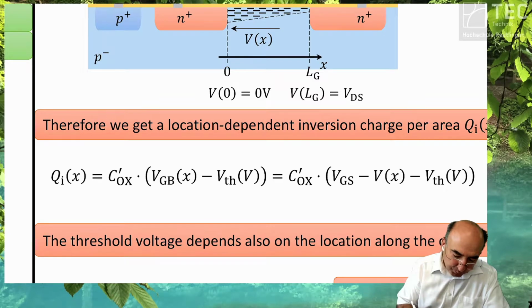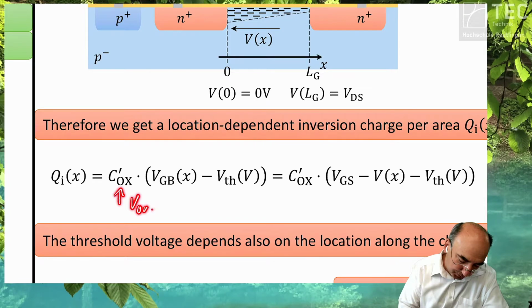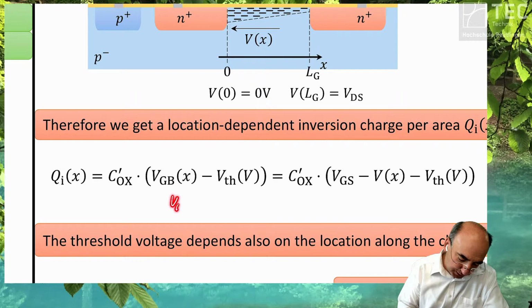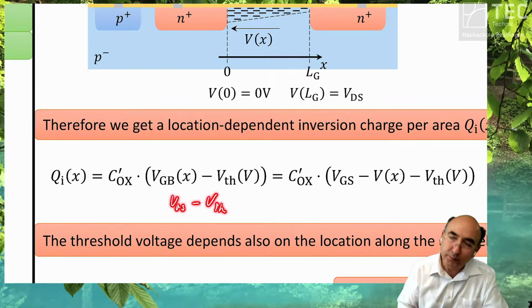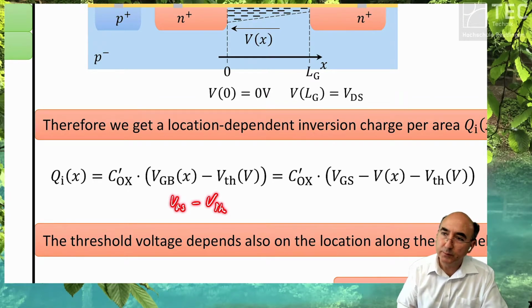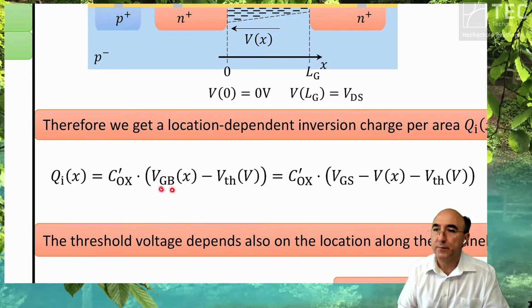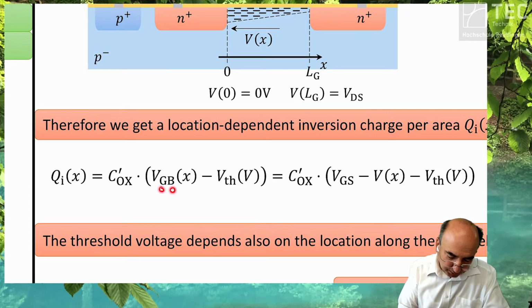And what is the charging voltage? It's the overdrive voltage. The overdrive is VGS minus V threshold in general, but the VGS is not VGS, it is VGB, the gate bulk voltage, and gate bulk is location dependent.